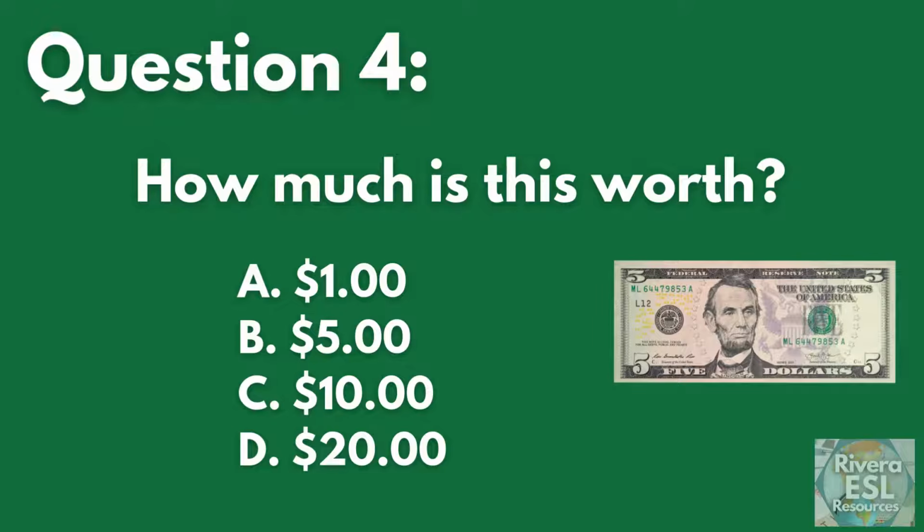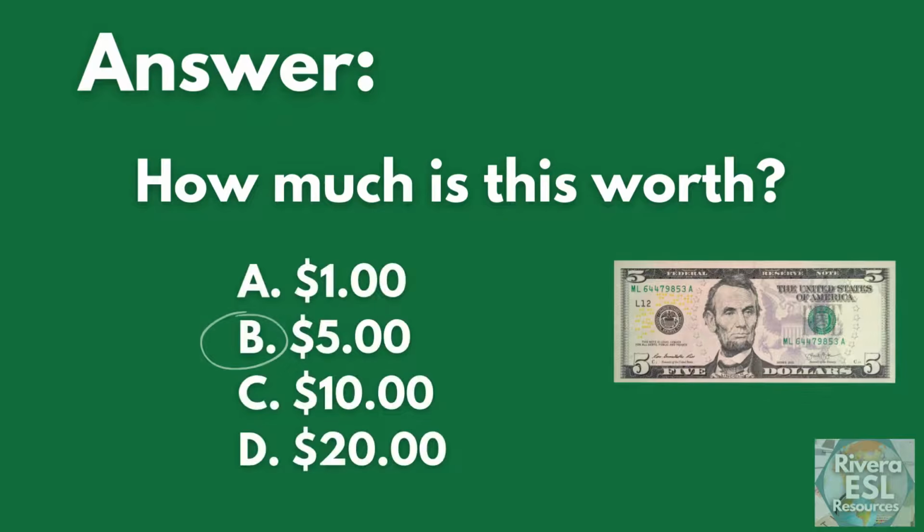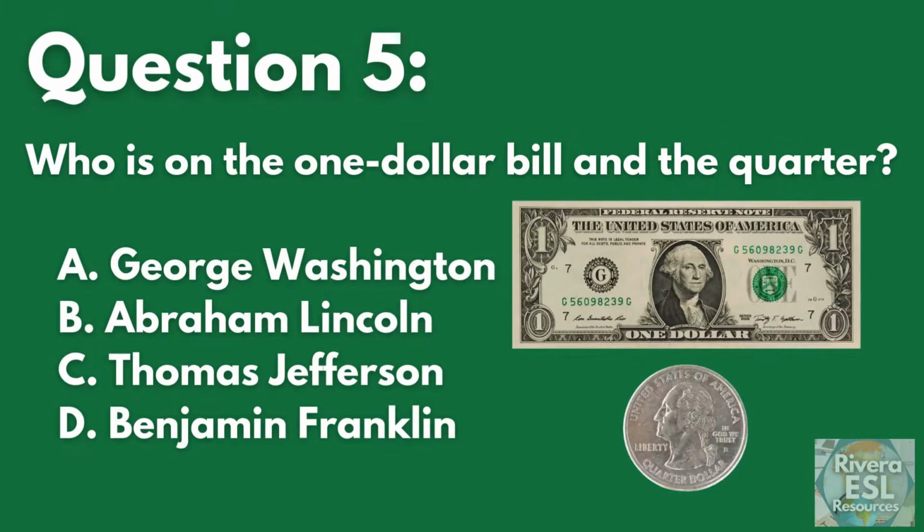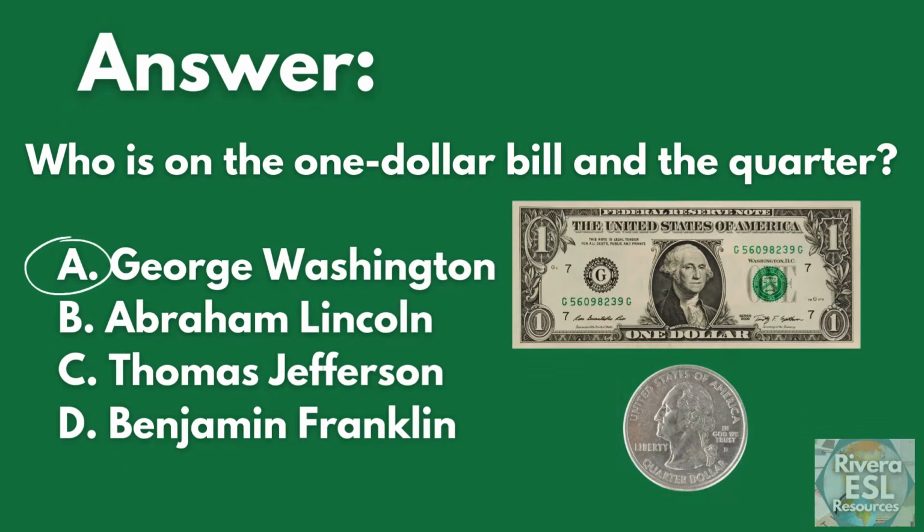Or D. $20. The answer is B. $5. Question 5. Who is on the $1 bill and the quarter? A. George Washington. B. Abraham Lincoln. C. Thomas Jefferson. Or D. Benjamin Franklin. The answer is A. George Washington.